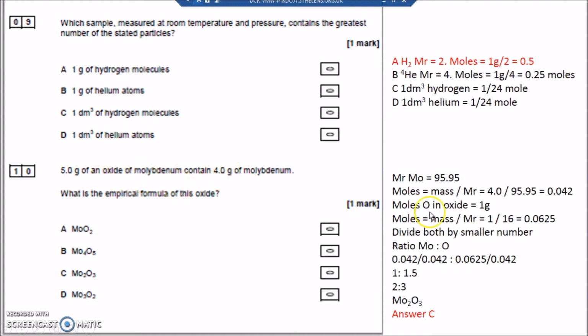So for 1 gram of oxygen, moles is mass divided by MR, 1 divided by the mass of an oxygen atom, 16, 0.0625. So that's the ratio of molybdenum to oxygen. Divide by the small number, 0.042 divided by 0.042, I've got 1 molybdenum to a ratio of 0.0625 divided by 0.042, 1.5 oxygen, 2 to 3, Mo2O3, answer C.